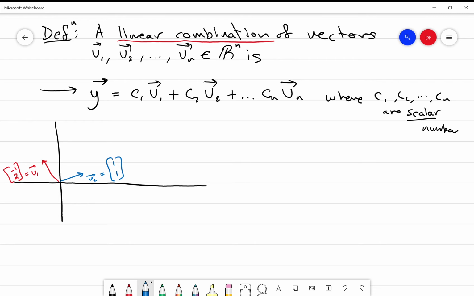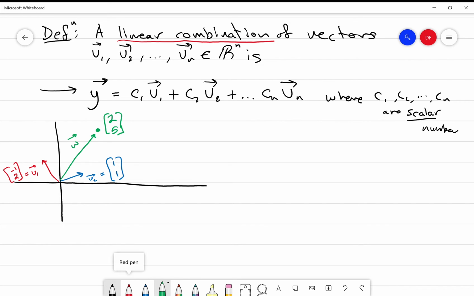And let's say I wanted the point up here. The point is (2, 5), let's say. Okay? And this is a vector w.